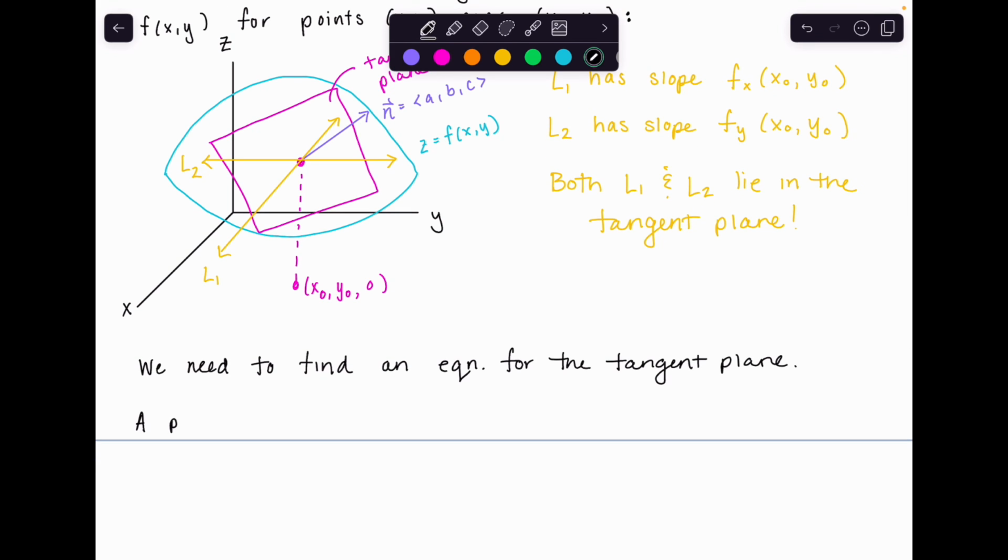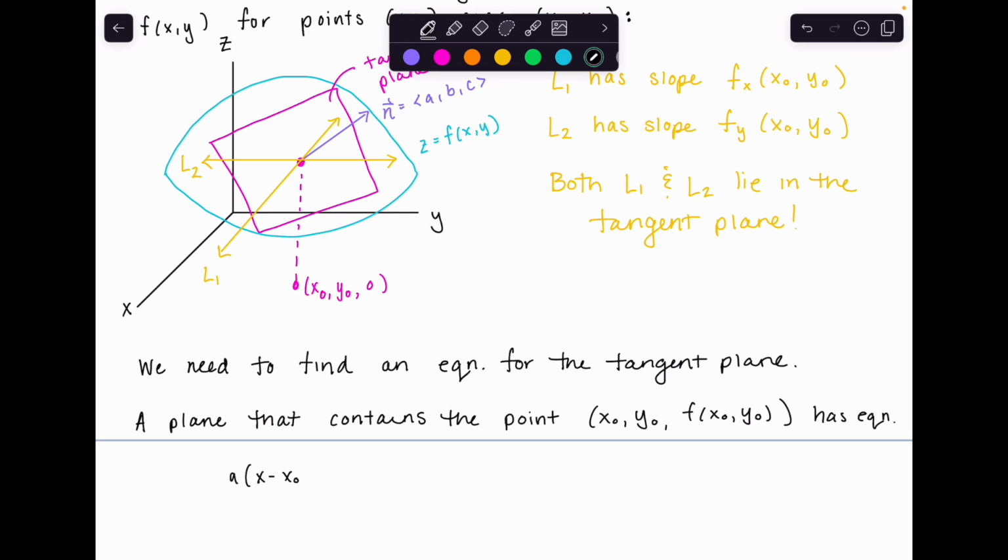So a plane that contains the point x naught, y naught, and then the z coordinate is just the function evaluated at these points, has the equation where we have a times x minus x naught, b times y minus y naught, and then c times z minus the z coordinate, which is the function evaluated at those points.